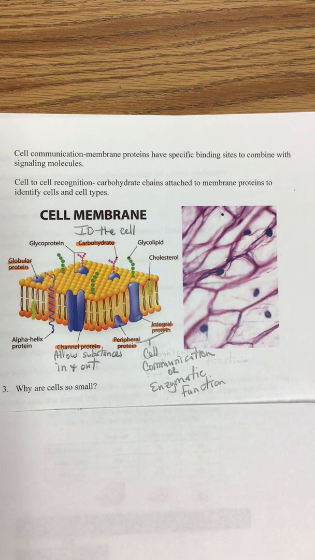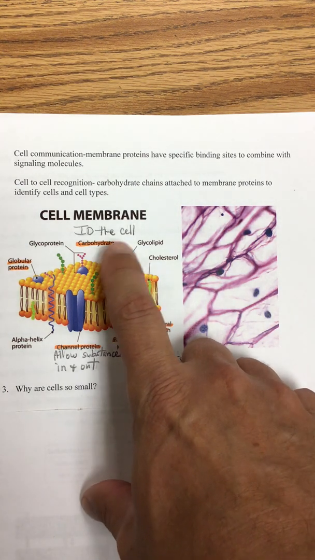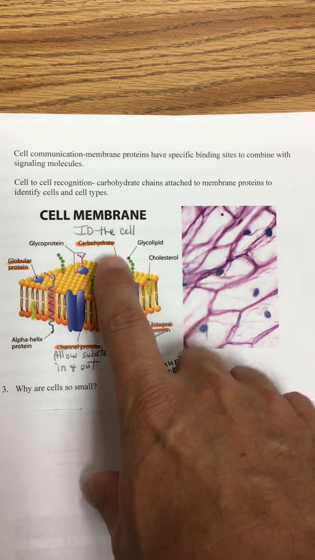and cell types. So this study is really about taking organs and genetically modifying them. So let's say in animals, instead of having the genetic identification for a pig heart, you would have the genetic identification for a human heart. And so part of what happens is these carbohydrates identify a cell.